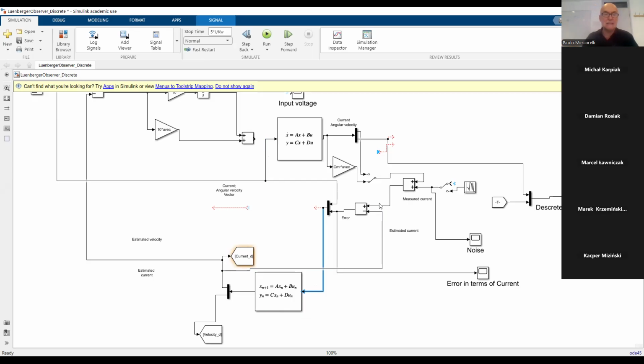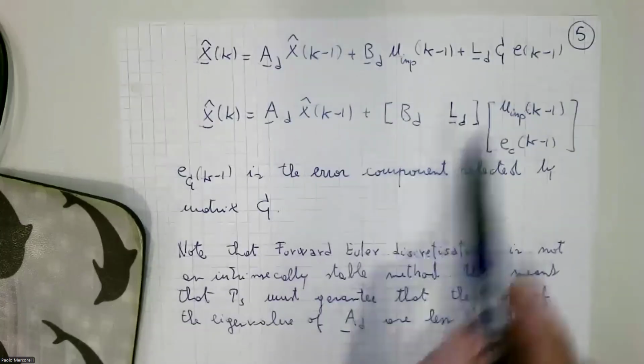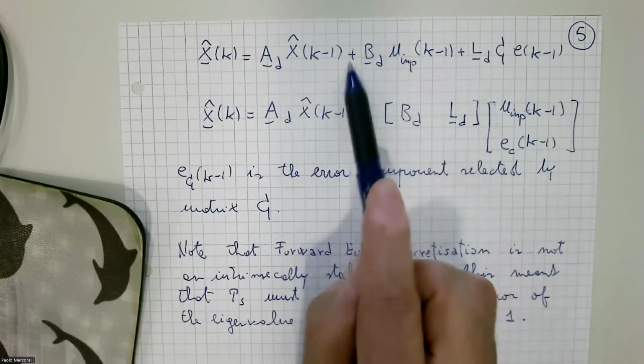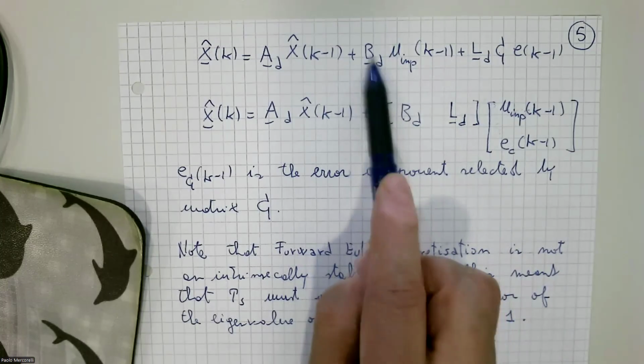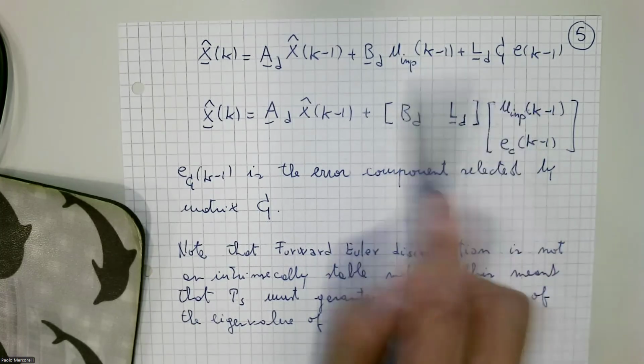Look at this on the lateral camera. You have two inputs, voltage multiplied by the discretization of B, TS multiplied by B, you remember, BD the name, and error. We have two inputs in the observer.